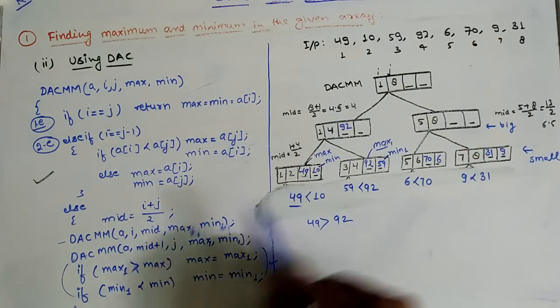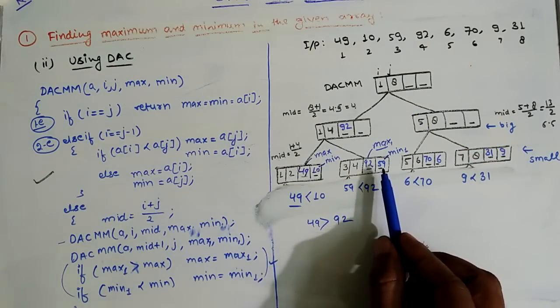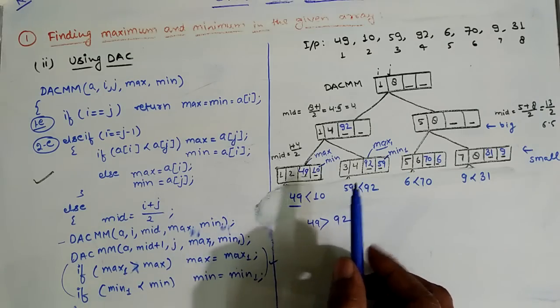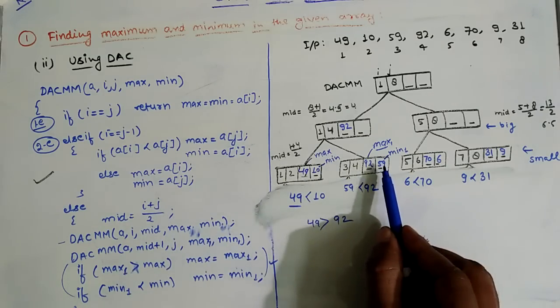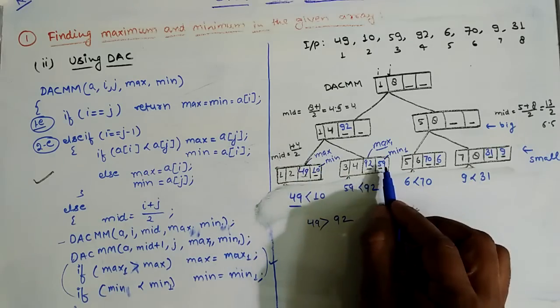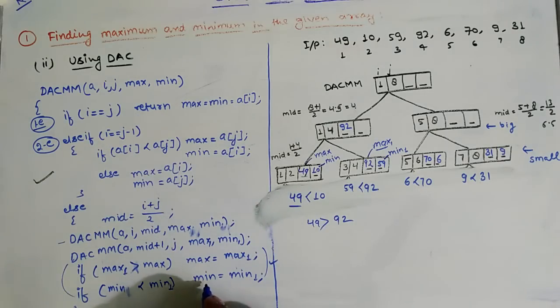In the second case, if min 1 is less than min, so if min 1 means this element, here also there are some changes. If this element is less than min, yes, then you update the min.